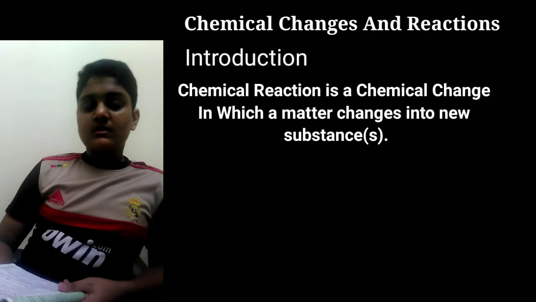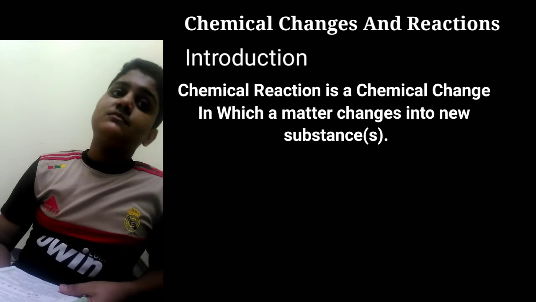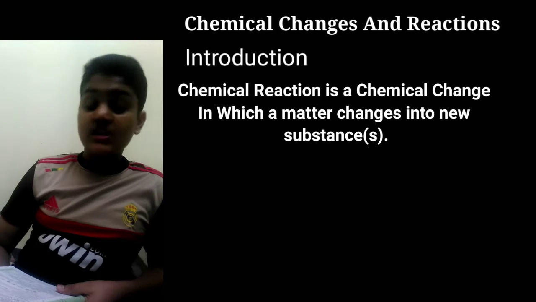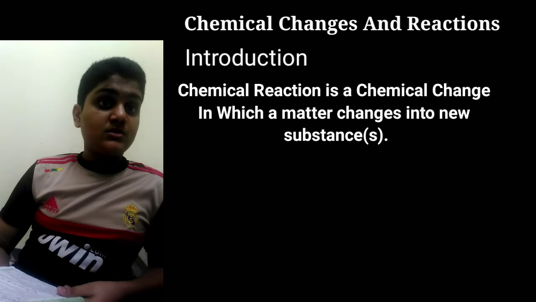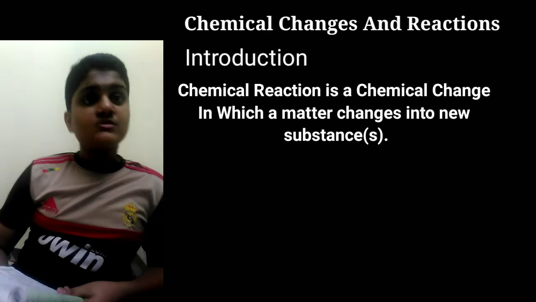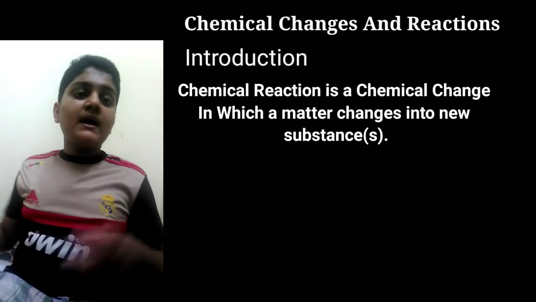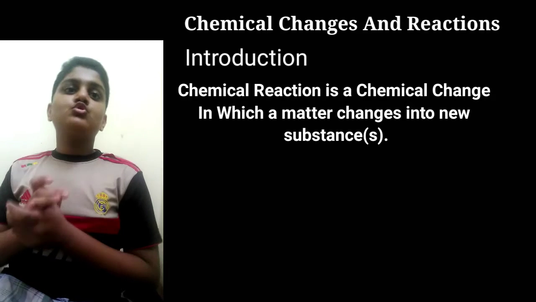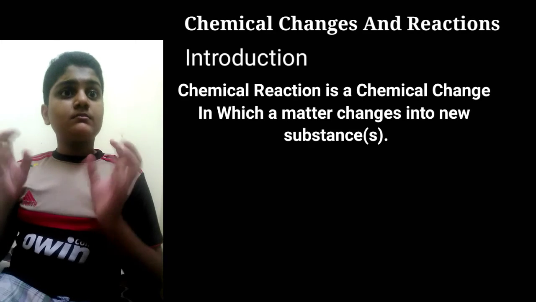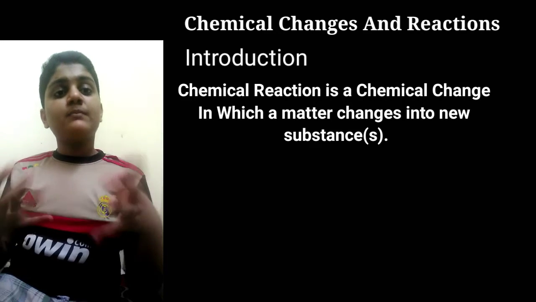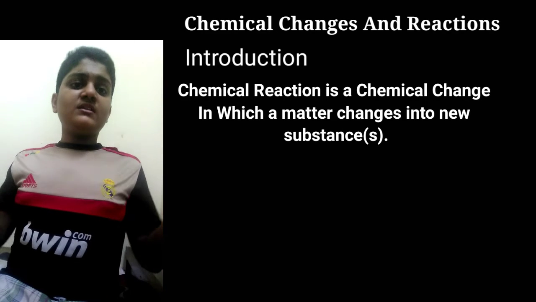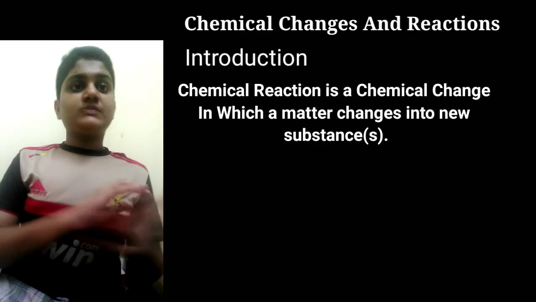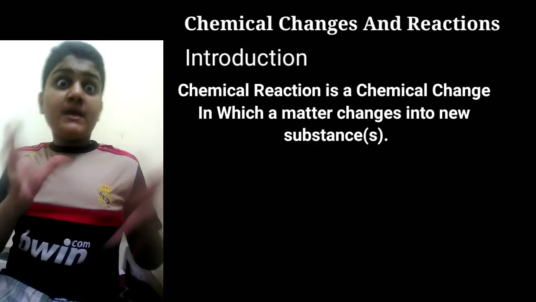Okay, so what is a chemical reaction then? A chemical reaction is a chemical change in which matter changes into a new substance or substances. So you will be having two elements or compounds, and if you make them react by any source, then they will react and you will get a new substance or substances which may be reversible.